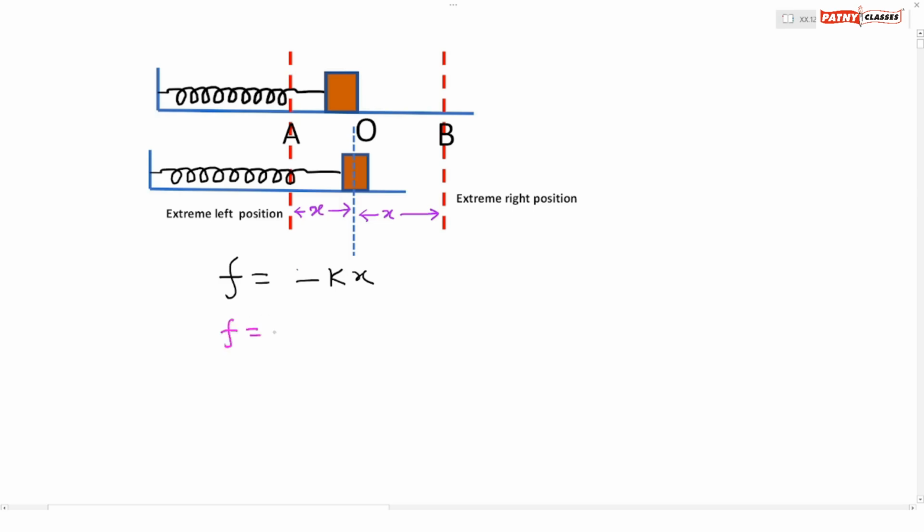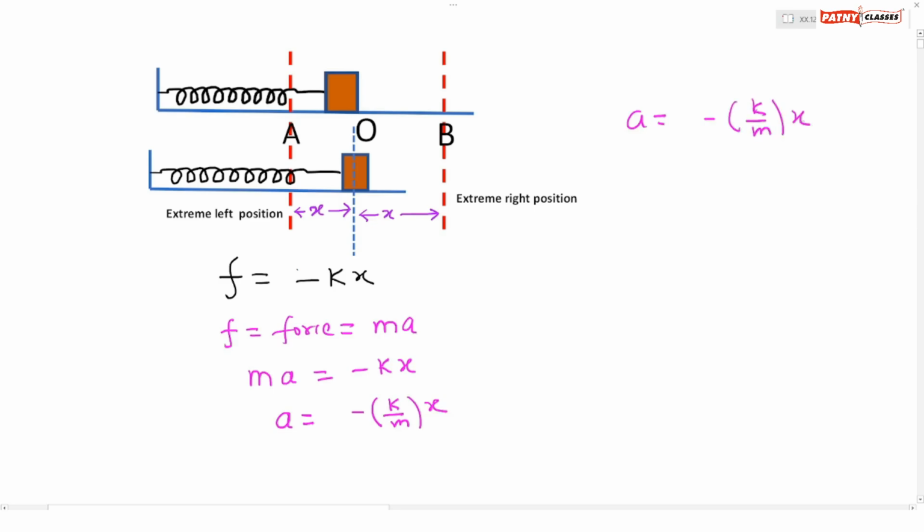F is the force and it is given by the product of mass and acceleration. Therefore, restoring force can also be written as m multiplied by a equals minus kx, where a is the acceleration. So this can be written as acceleration equals minus k divided by m multiplied by x.